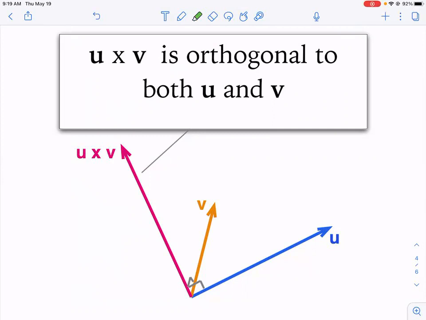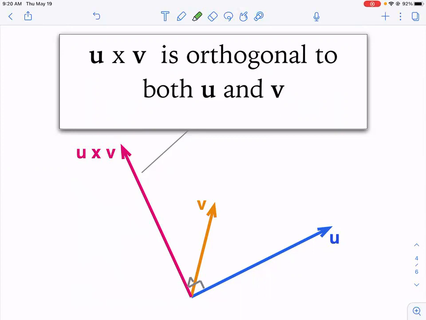Now, how many of you are in physics and have talked about the right-hand rule? It might be a Physics 2 thing. Okay, so this is actually something you use in physics.